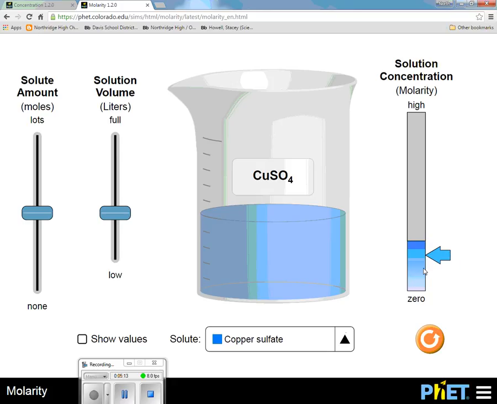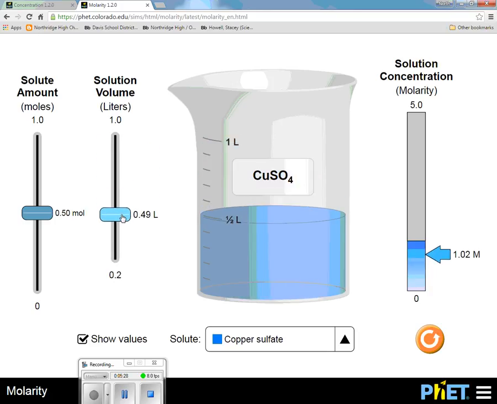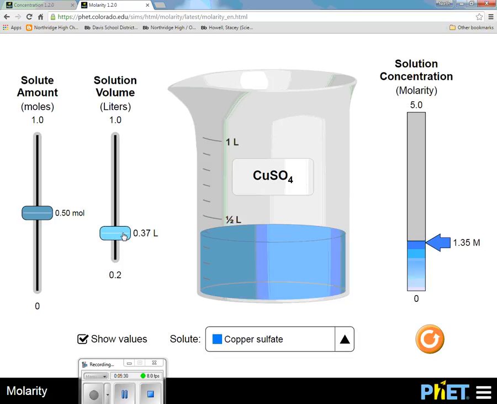So if I have copper sulfate and I've got my molarity, maybe I want to increase the volume, my solution molarity would go down, right? As long as I haven't added anything to it. If I decrease the solution volume, my concentration goes up. So if it's evaporated off, it goes up. If I add things to it, oh, wait a minute, there's a new word. What does saturated mean?